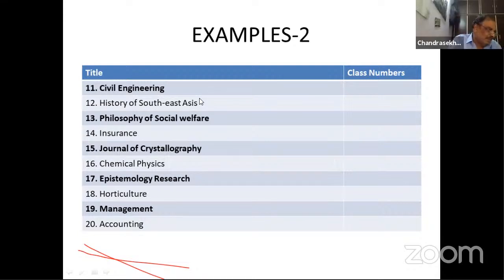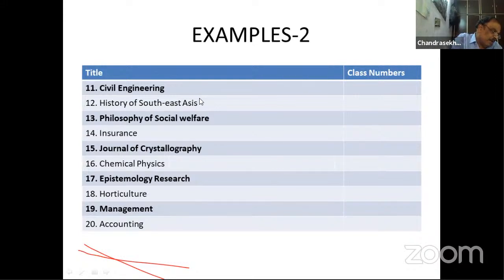No, don't be hasty. Then you have to check with this index. If you go to the index, then you will find out the number. So I'm doing that one. I'm checking for you. If you have all this schedule, there won't be that problem. So chemical physics.